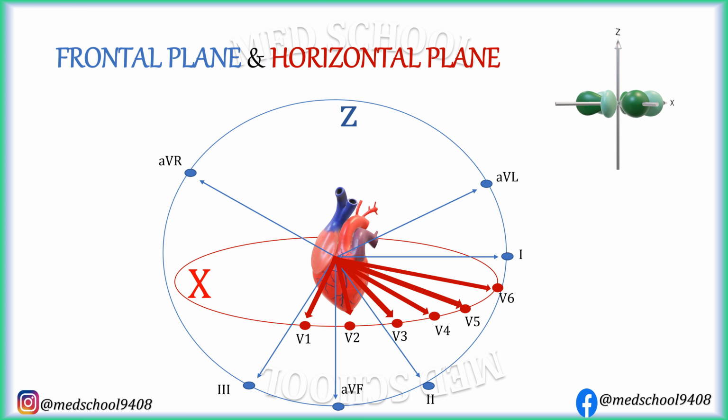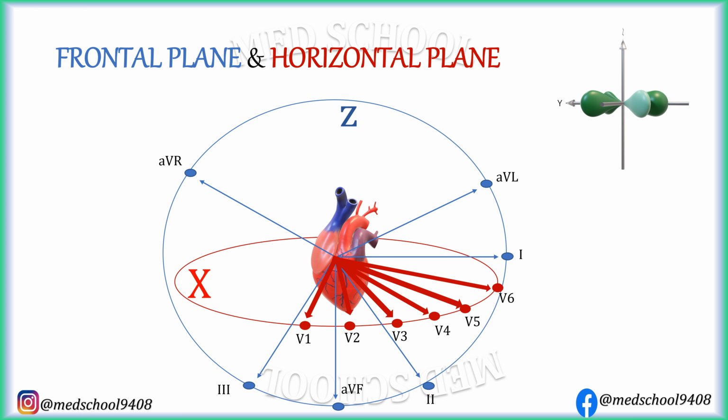Now this is the image showing all 12 ECG leads arranged around the heart in virtual 3D space. Our whole discussion till now was aimed at creating this image. But how will this image help us in understanding ECG? For this, imagine each lead as a camera recording electrical activity of heart from the angle of their lead axis.